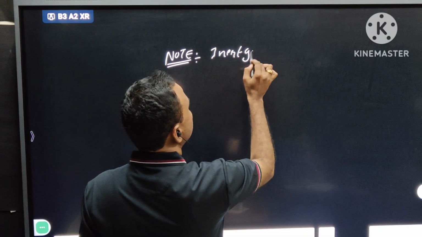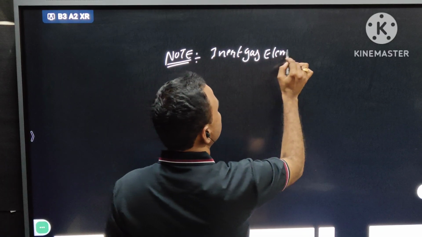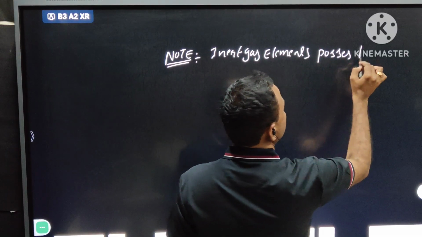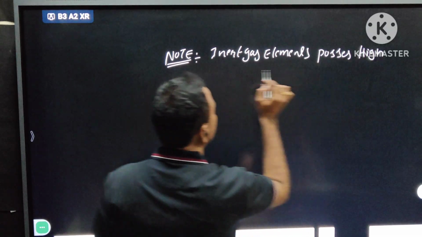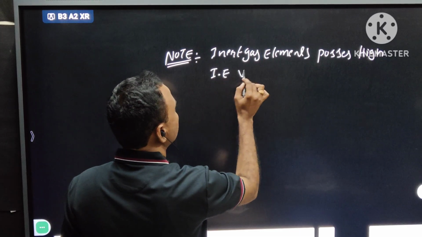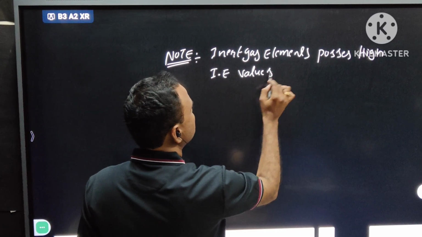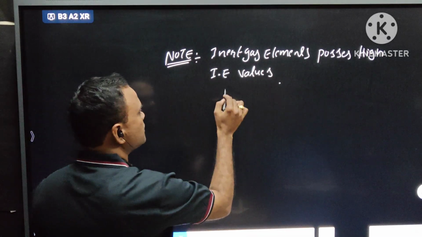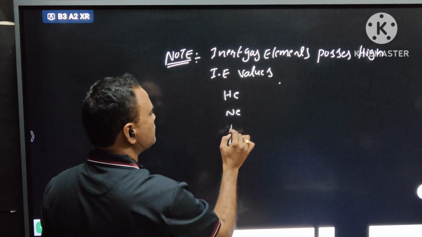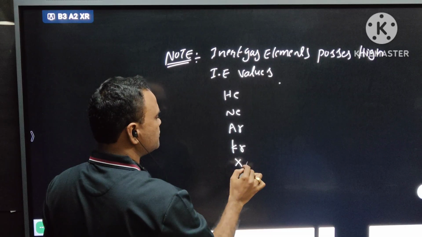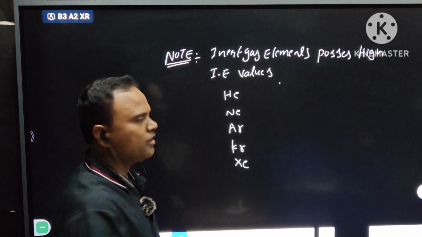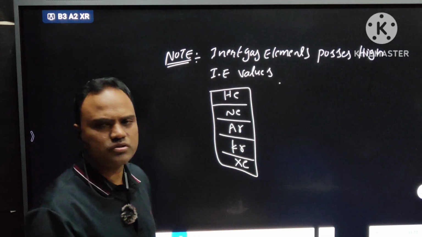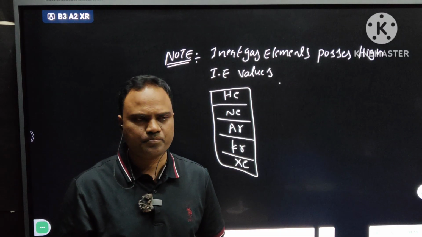Inert gas elements possess high ionization energy values. What are inert gases? Helium, neon, argon, krypton, xenon, and radon. Generally, inert gas elements possess high ionization energy values because of octet configuration.